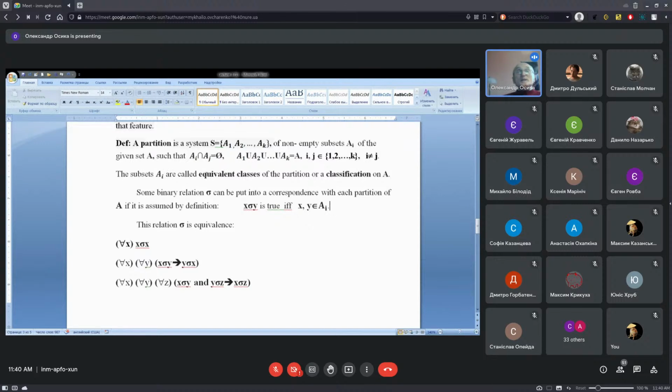And with this system of classes of equivalence, we can easily formally define, introduce a relation of equivalence, just to belong to the same subset, to the same class. And it is quite obvious that they satisfy these relations.